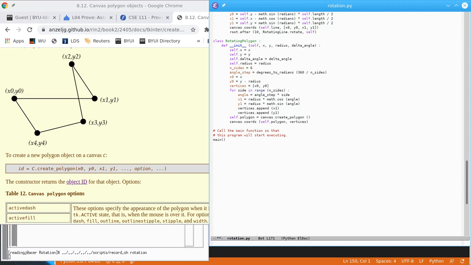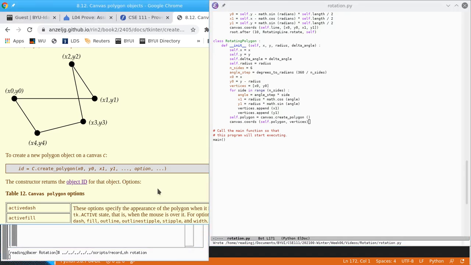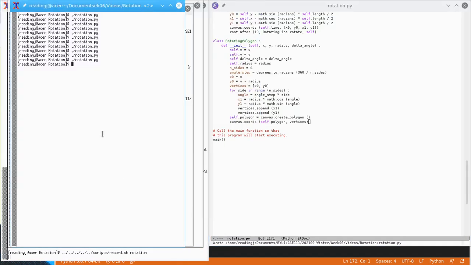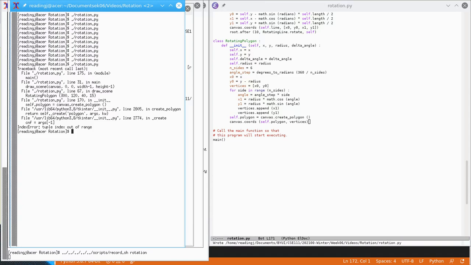Let's see if that works. Don't know if it will, but it's worth trying, right? Nope, didn't like that. Tuple index out of range.